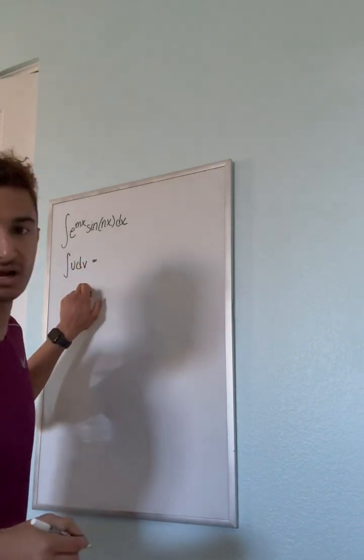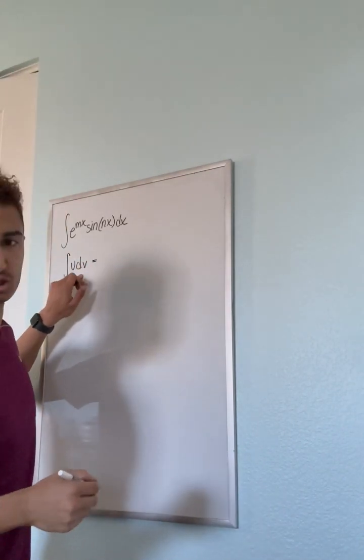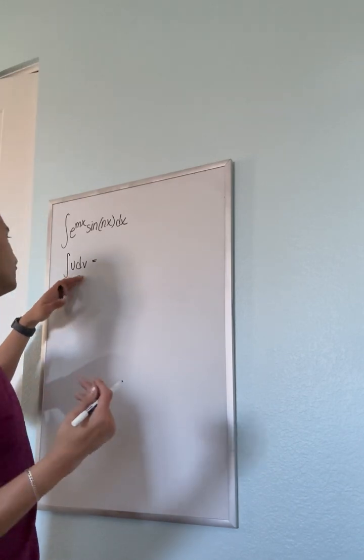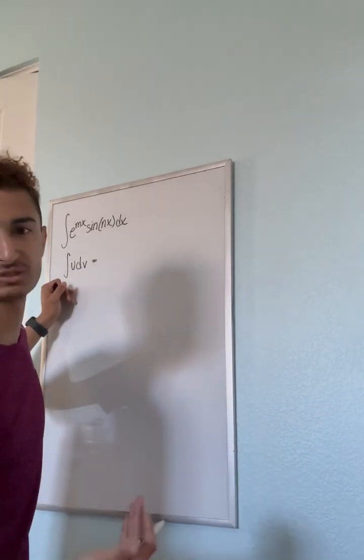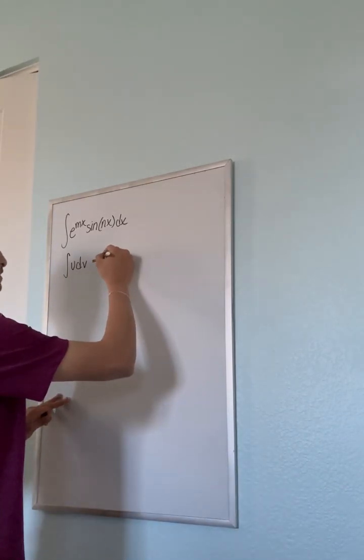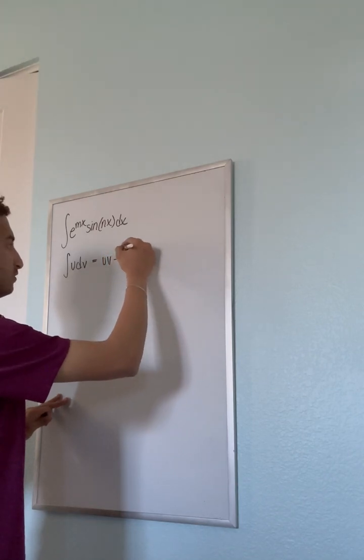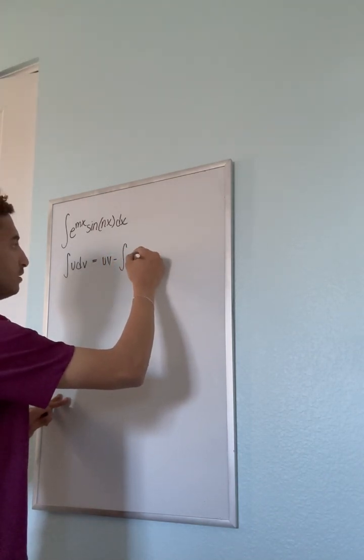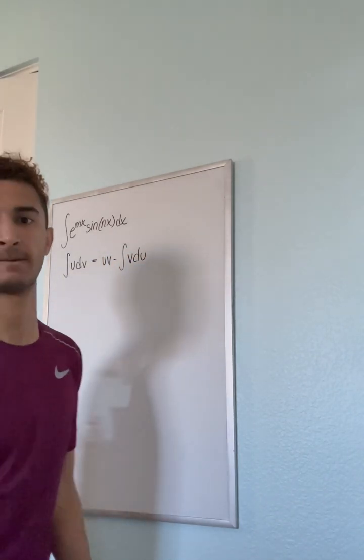follows: the integral of u dv will be equal to uv minus the integral of v du.